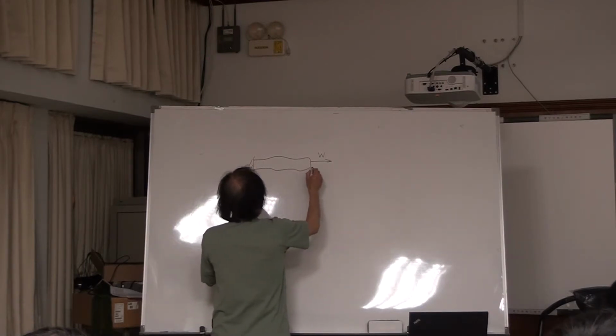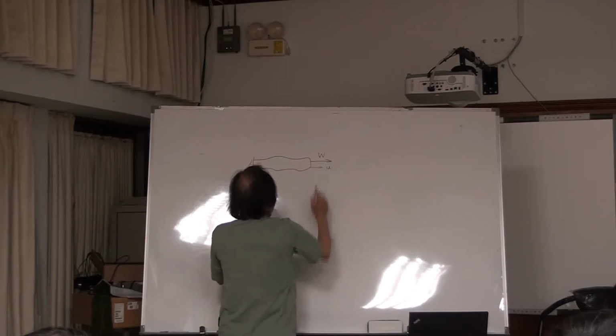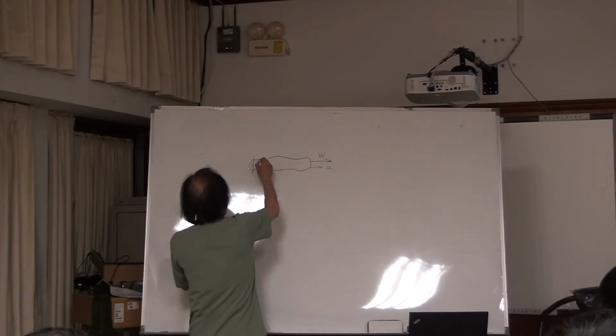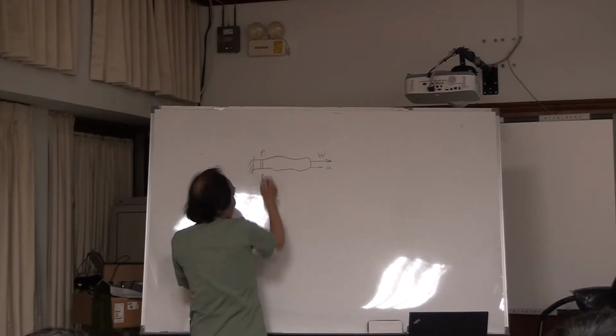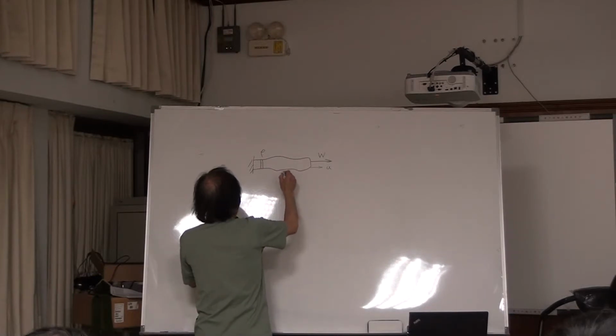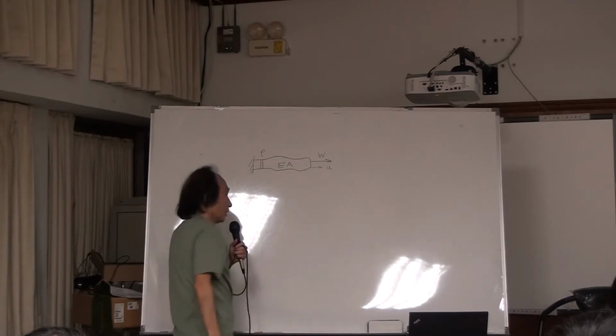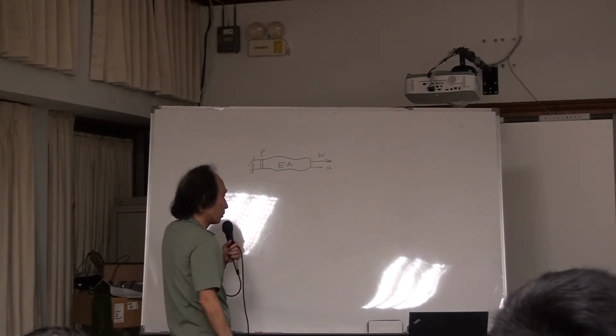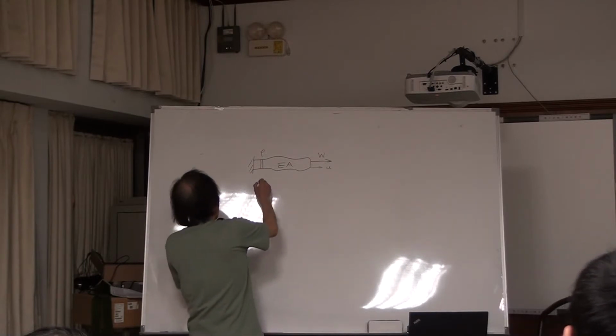Then I can write this, with a rho here as the density, and the property EA, which is like some kind of spring; we call it a continuous spring.